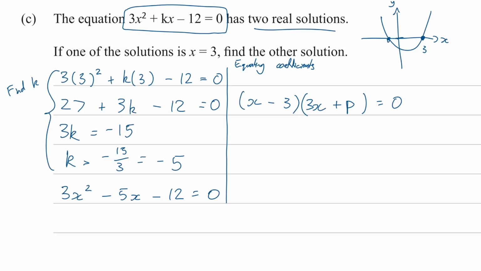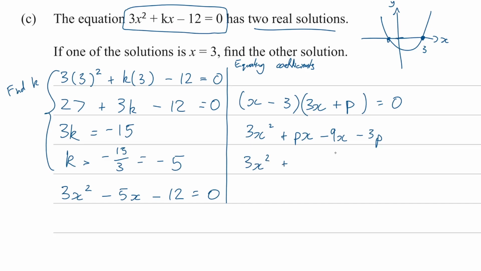Now, from here, we can expand this out. So let's do that. So 3x squared plus px minus 9x minus 3p. And now let's just group the like terms.